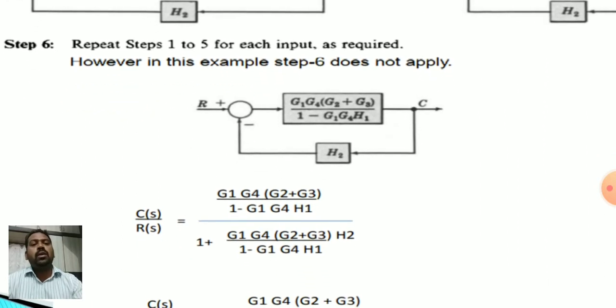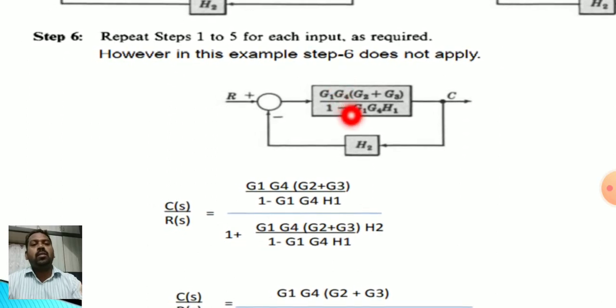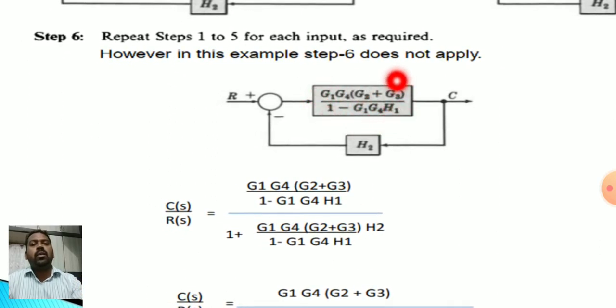So how to convert that, you can see here: G1 G4 into G2 plus G3 divided by 1 minus G1 G4 into H1. This is the feedback signal, that is H2 with minus. Okay, here this is output and this is input.